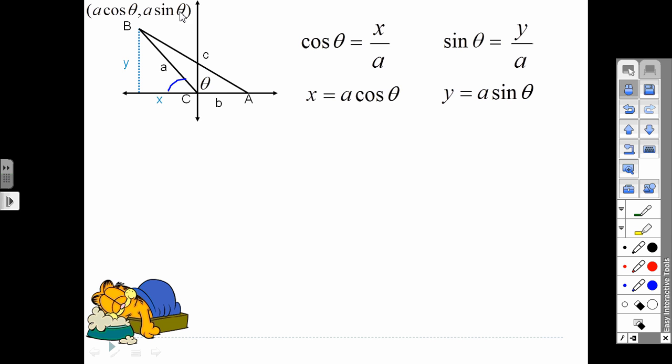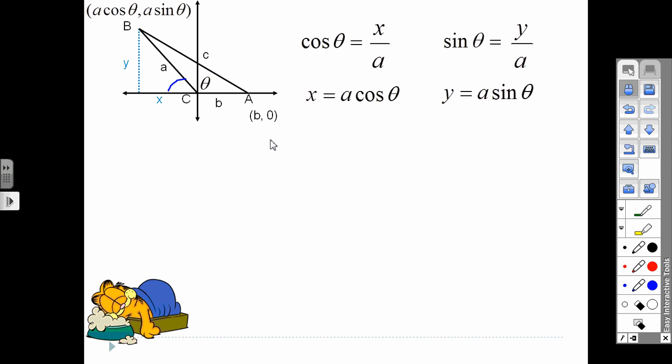All right, so that's great. Next thing I want to do is come up with the coordinates of point A. Since A is on the x-axis right here, and it has a value of b, I know that the coordinates for A are b, 0.